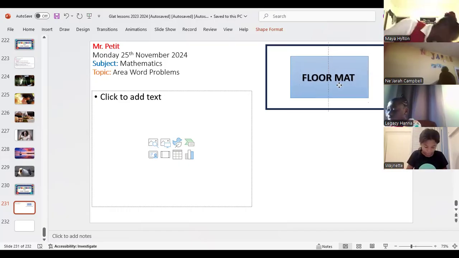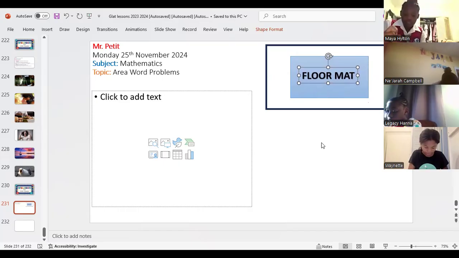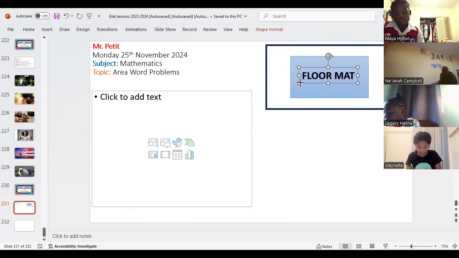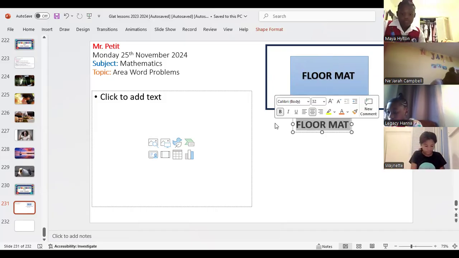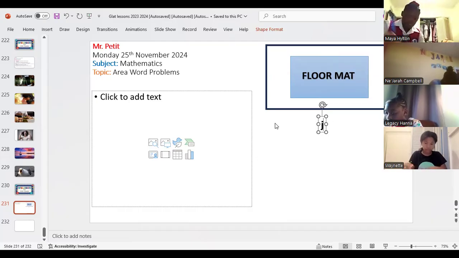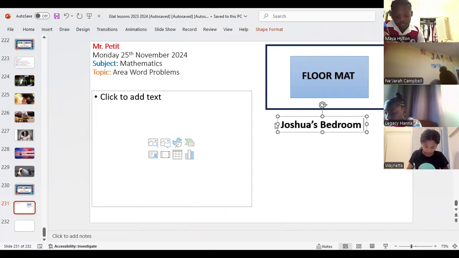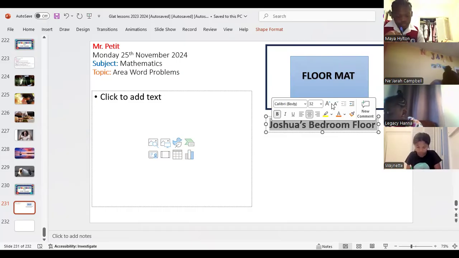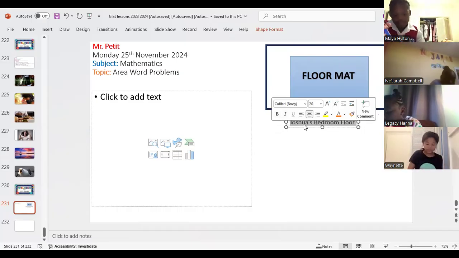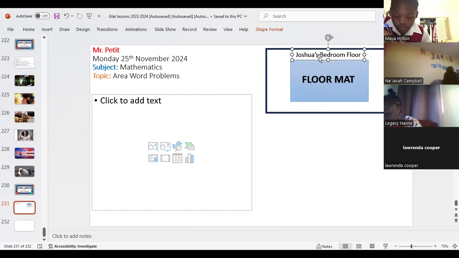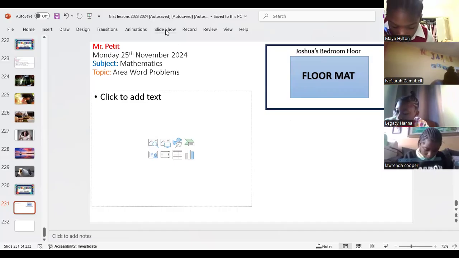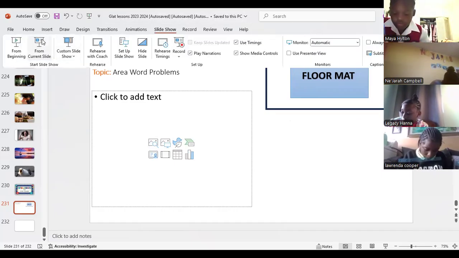This is the floor mat, right? And then we have Joshua's bedroom floor. Okay. So draw the diagram for me, please.